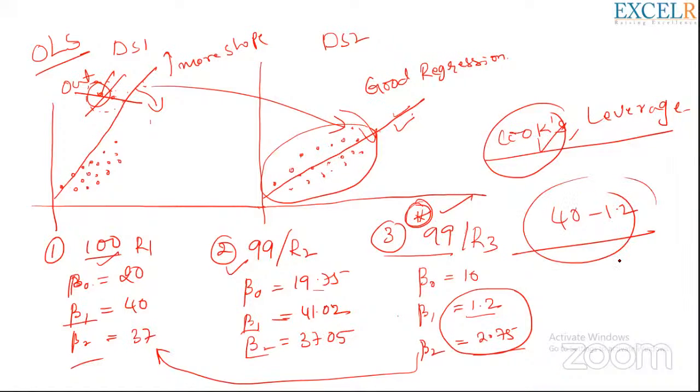This distance would be normalized with some other value. And if Cook's distance is more than or equal to 1, then we'll say that, hey, that is an influential data point or an outlier. Then we'll remove that outlier from the data set. So that is the idea of the Cook's distance.